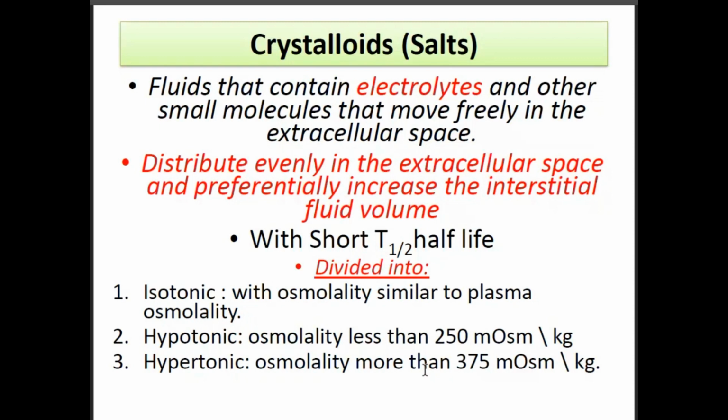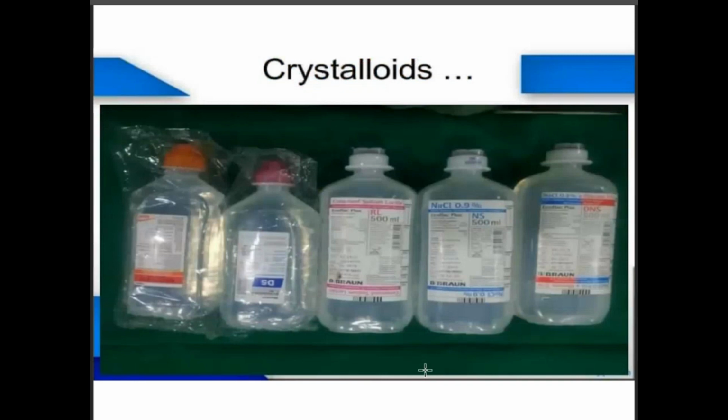But be aware, hospitals are really becoming advanced and you are becoming more and more aware. And believe me, you have more knowledge than me in this. But most of the time, basic is basic. You give isotonic most of the time. Okay, and these are the examples of the crystalloids.